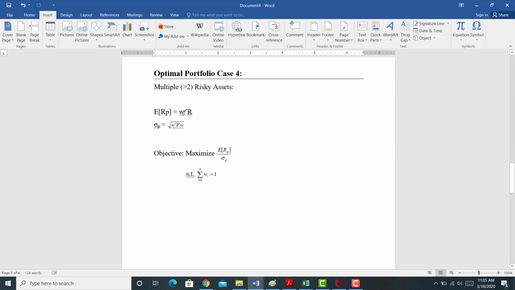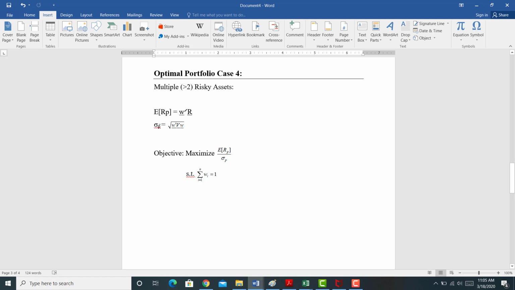The weight vector is an n by 1 vector consisting of all of the weights for each of the assets. The return vector is also an n by 1 vector that has the returns for all of the assets in my portfolio. I transpose the weight vector, so now I have a 1 by n vector multiplied by an n by 1 vector, and I get a 1 by 1 solution. That's going to be the expected return of the portfolio.